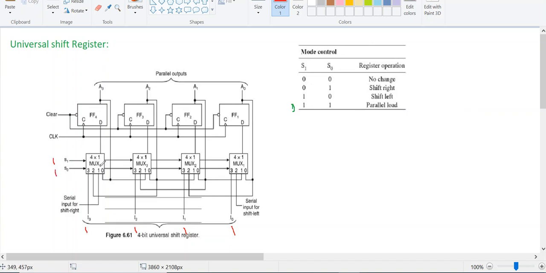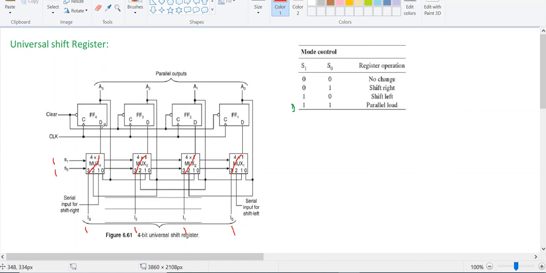So for a multiplexer, the select input is 1 1, which means the third pin is connected internally for each multiplexer. Now on the third pin, my input is I3, that is 1, so this 1 moves in this direction as the input to this particular D flip-flop.